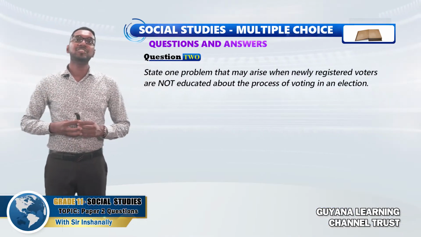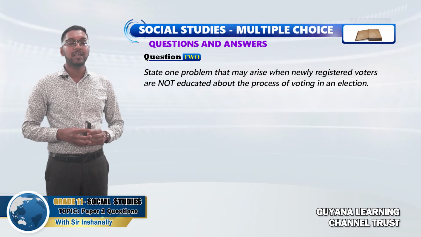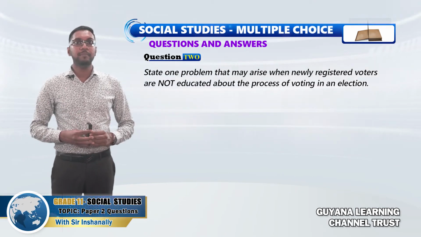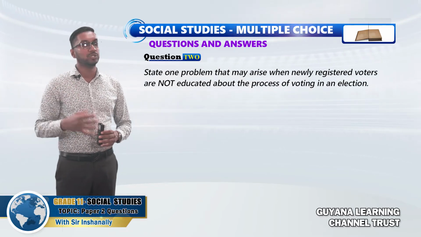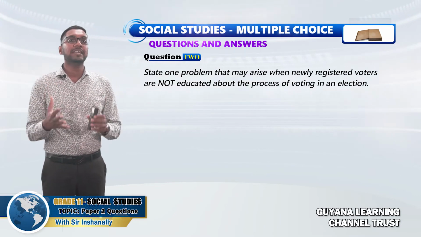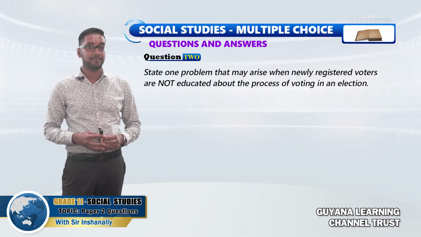Now let's look at another question as it relates to what we are speaking of. State one problem that may arise when newly registered voters are not educated about the process of voting in an elections.